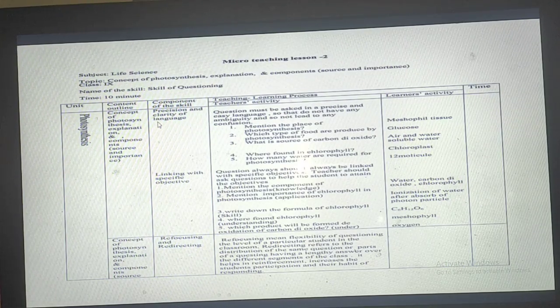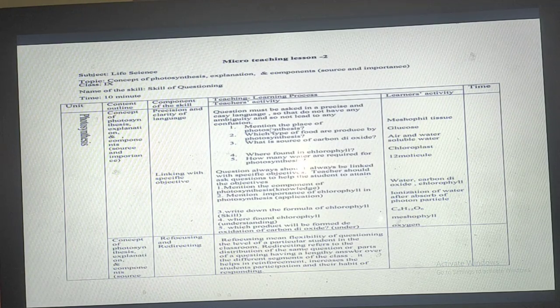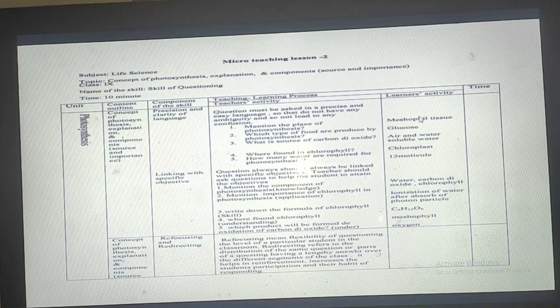Now the components. Here, precision and clarity of the language: the teacher puts some questions in clear language, and students answer those questions.